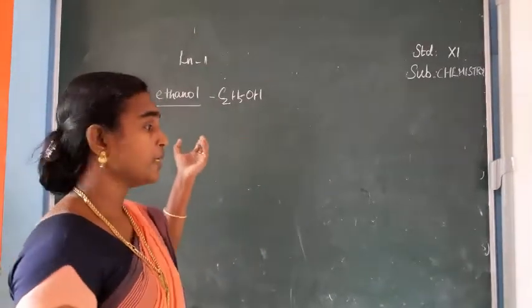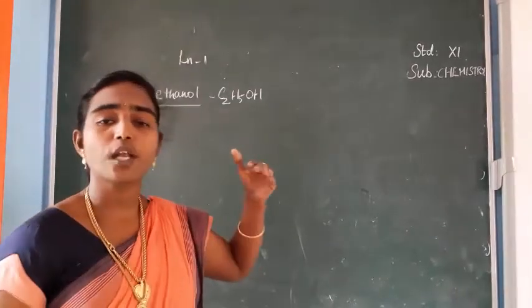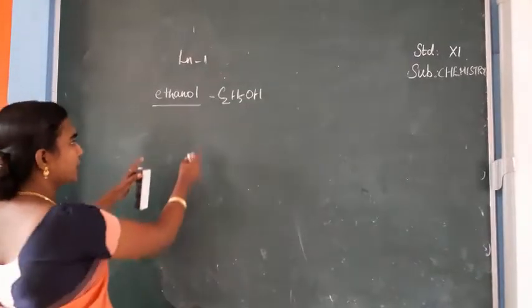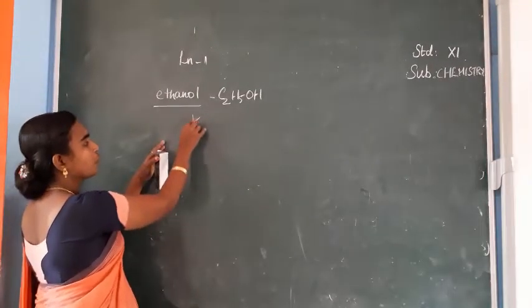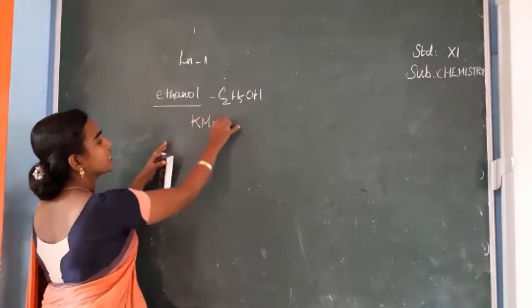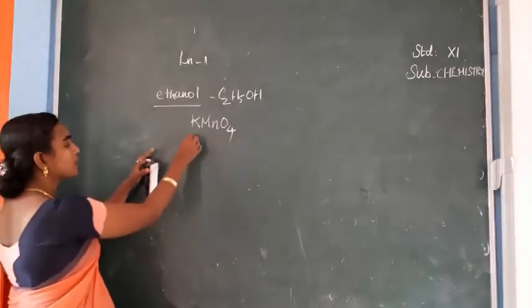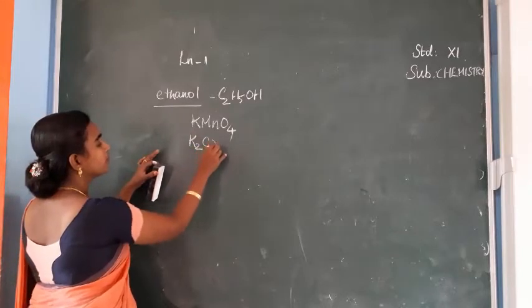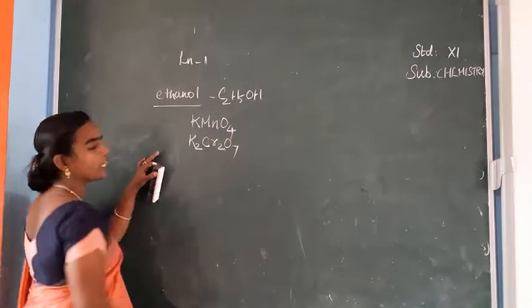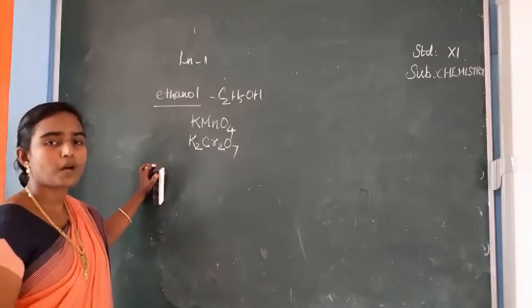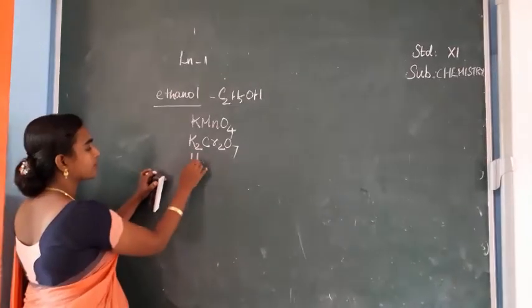So the question may be, calculate the molecular mass of ethanol or potassium permanganate. Potassium permanganate formula KMnO4. Or calculate the molar mass or molecular mass of potassium dichromate, K2Cr2O7, or calculate the molecular mass of sulfuric acid.